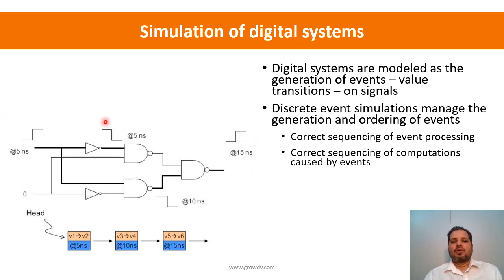So the way the simulator looks at it is, although all the elements are concurrent, it looks at it as a set of discrete events happening in a specific order, and that's what is shown over here: a change of value 1 to value 2 at 5 nanoseconds, and that leads to a change of value 3 to value 4 at 10 nanoseconds, and another value 5 to value 6 at 15 nanoseconds.